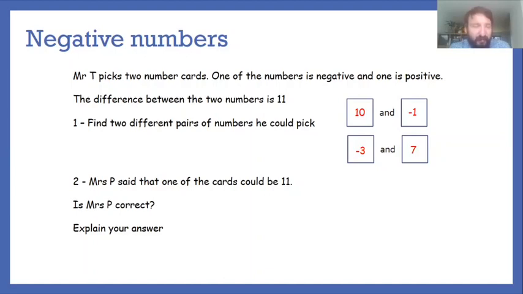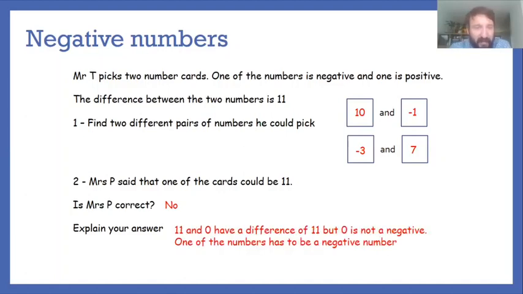Going on to the second question. So we really had to put our thinking caps on for this one. Mrs. P said that one of the cards could be 11. Is Mrs. P correct? Let's have a think. So she says one of the cards could be 11. Okay, so I would say no. And to explain my answer, I would say that Mrs. P is incorrect because 11 and 0 have a difference of 11, but 0 is not a negative number.